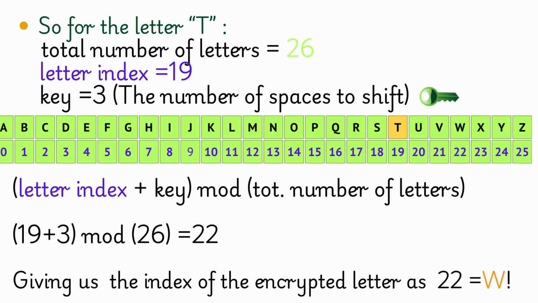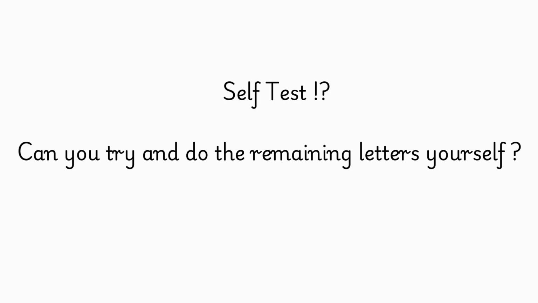So we just go back to our index, and then we know that the letter T is going to be encoded as W. Now, as a self-test, can you try and do the remaining letters yourself? You can pause the video and try it out.